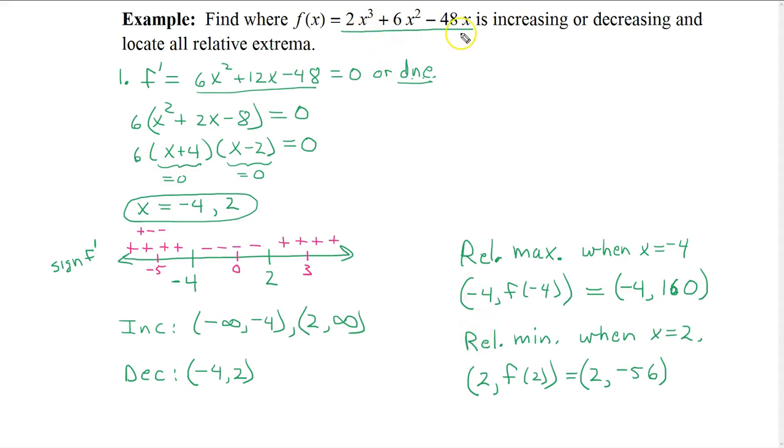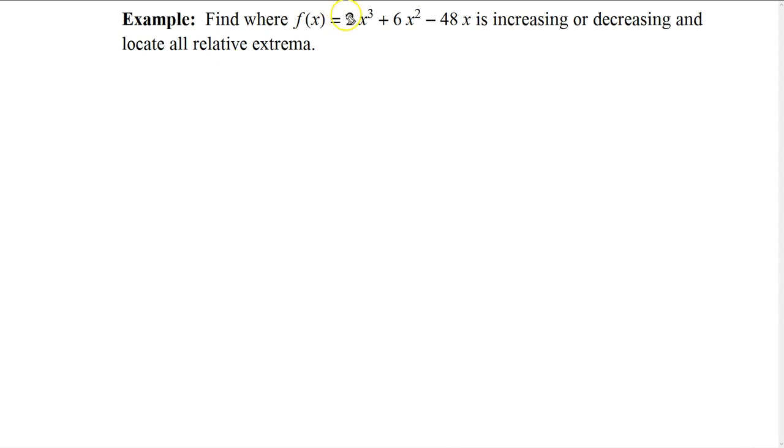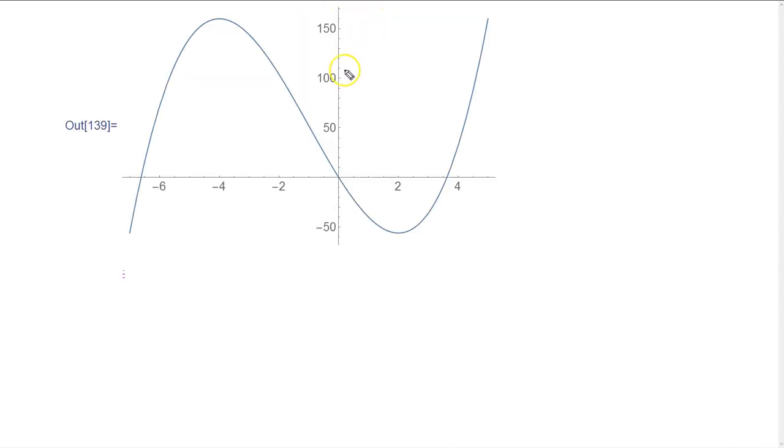Let's take a look at the graph of this function now to see that everything that we've done here matches up with the graph. So here's the graph of that function. Notice that we have a relative maximum right there. That's the point negative 4, 160. And we have a relative minimum right here at 2, negative 56.